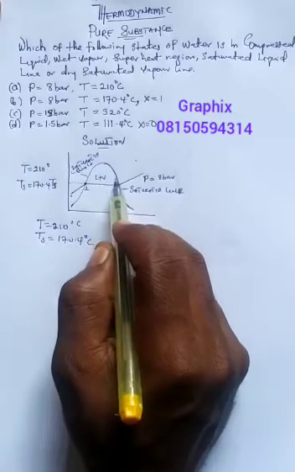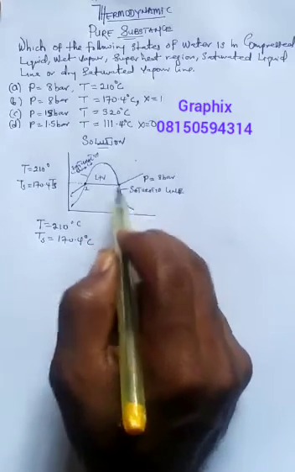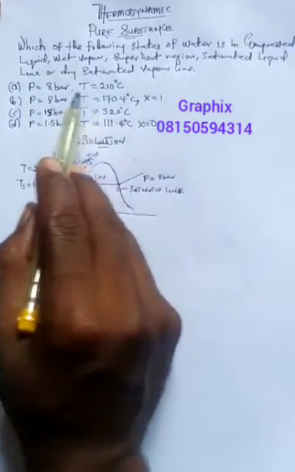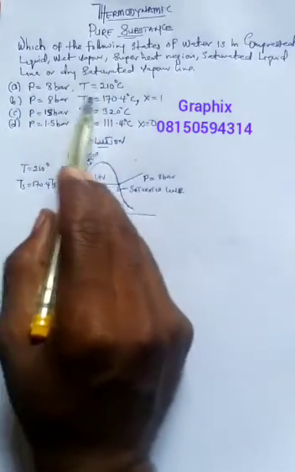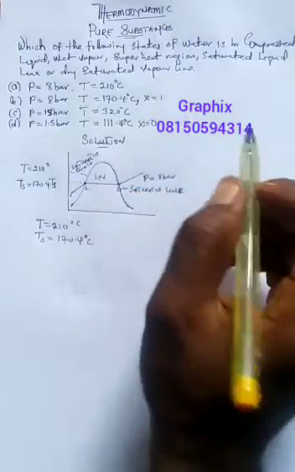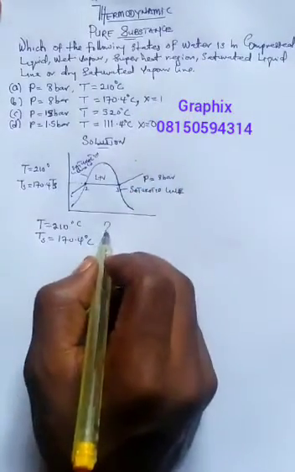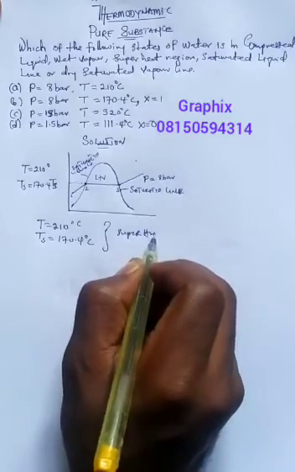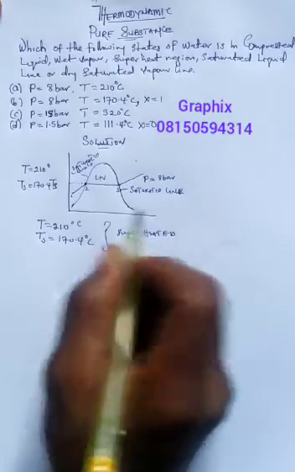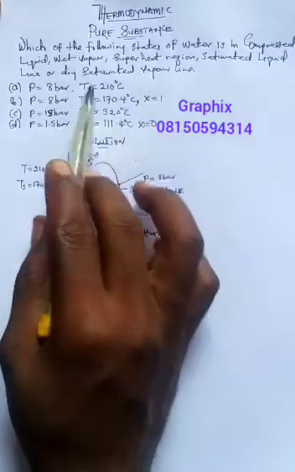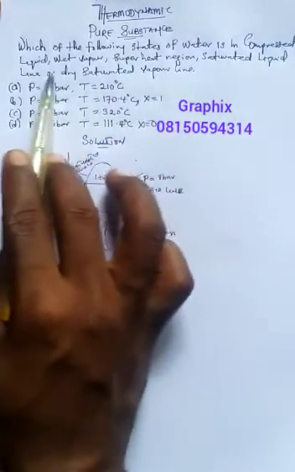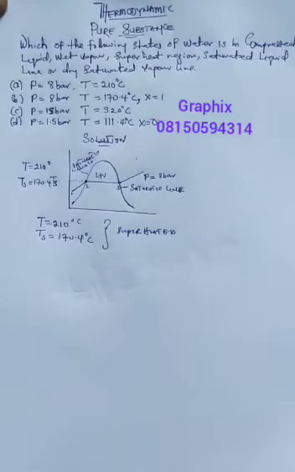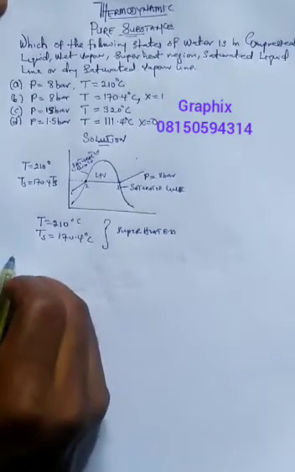If it falls on this line, it is saturated, but when it's outside the line, it is said to be superheated. So the state of water here is superheated, right? So it is superheated.